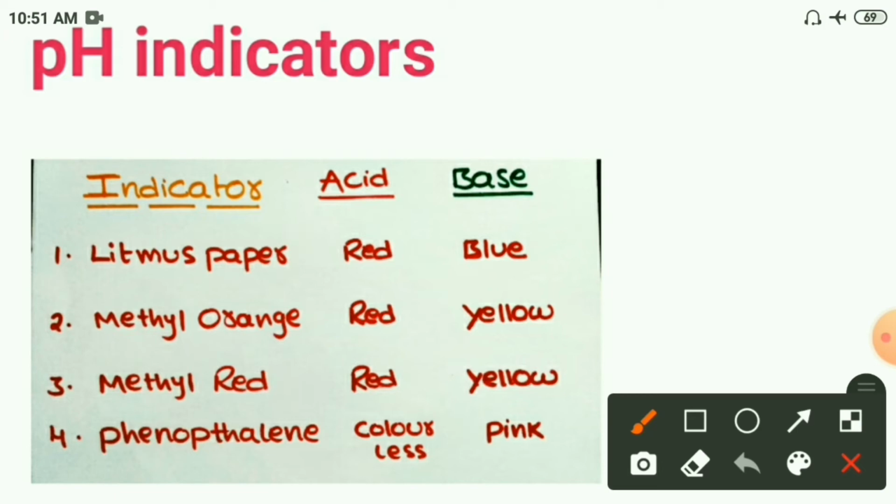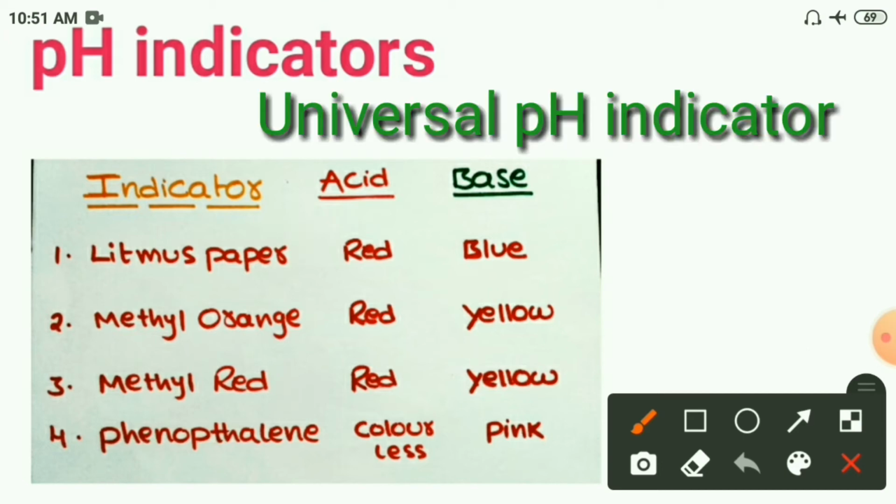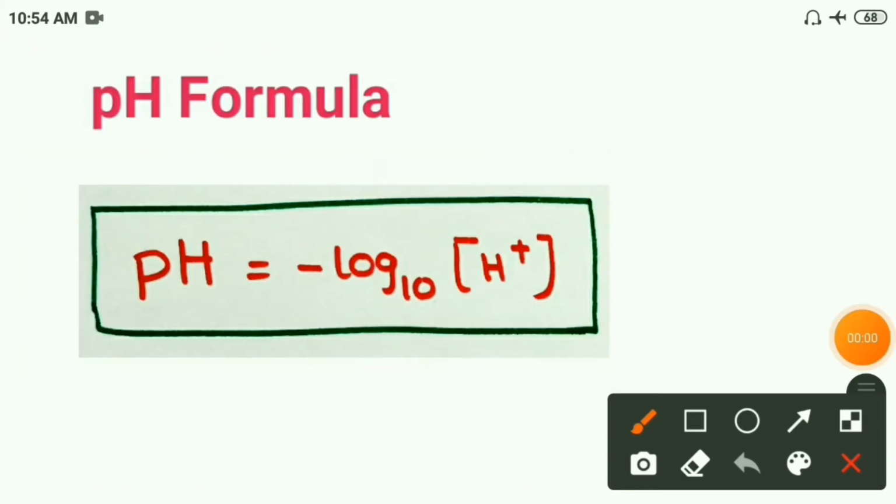So with these pH indicators and the pH scale, we can know whether the solution is acid or base. If we want to know the exact pH value of a solution, we can use the universal pH indicator. With this universal pH indicator, we can measure the exact pH value of a solution.